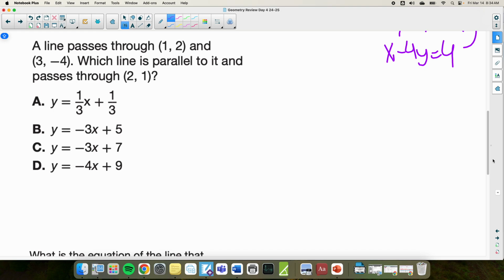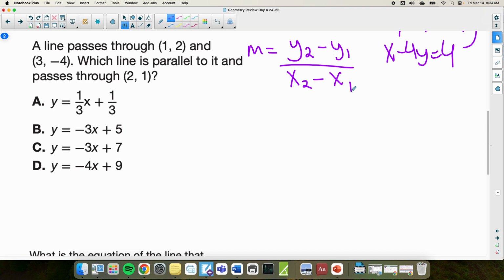Alright, so it's going to be y2 minus y1 over x2 minus x1. Where we're going to have 2 points, and the little subscript is going to correspond to whichever one.